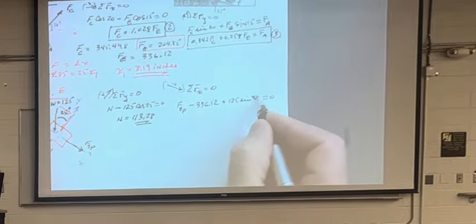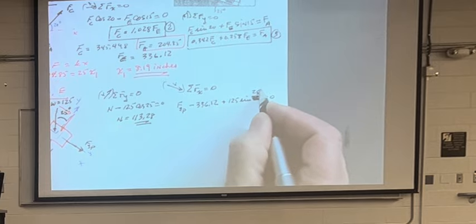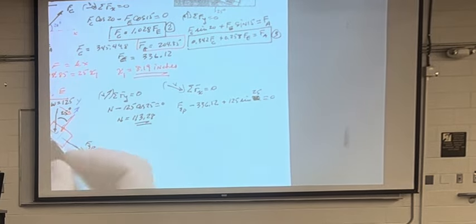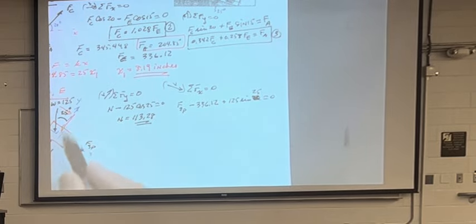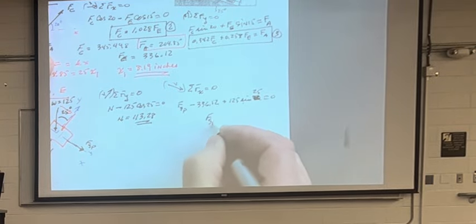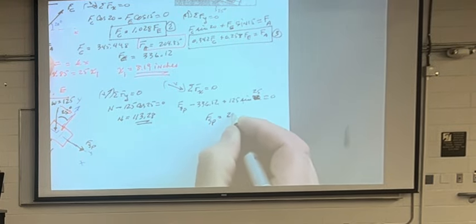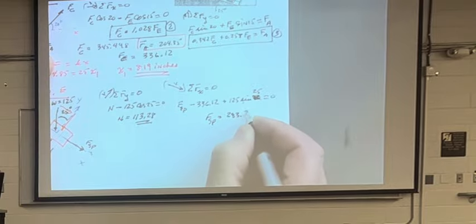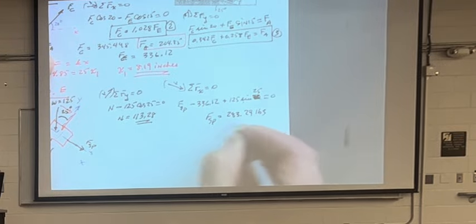Oh, 125. Yep. So I've got this one going that way, that's negative. I got this one coming this way, this one coming this way, positive, positive. So guess what? FSP comes out 283.29 pounds.